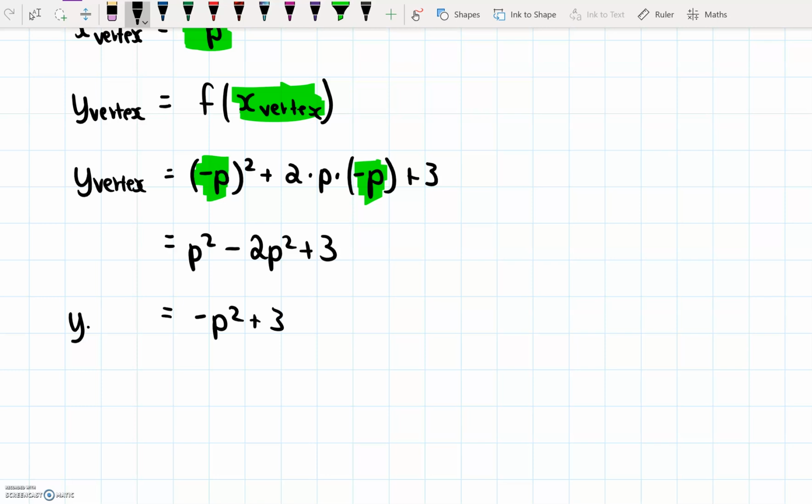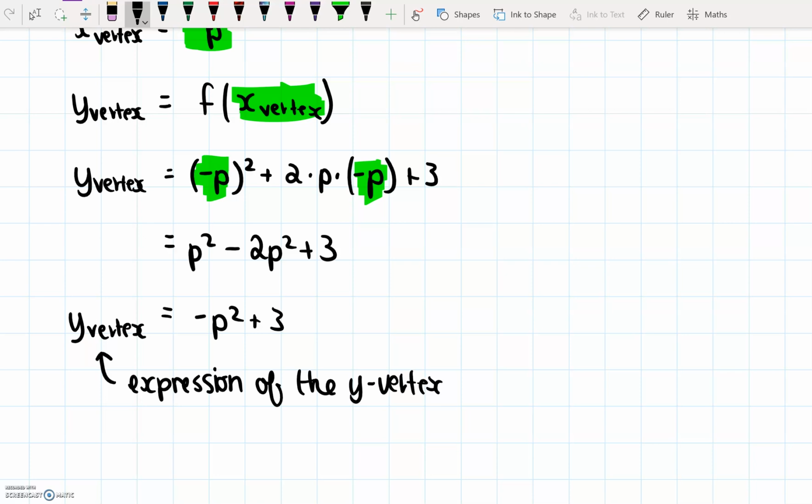And this is our y vertex. Okay, so what we've done here is we have found the y vertex in terms of p. So this is the expression of the y vertex in terms of p. And that's it.